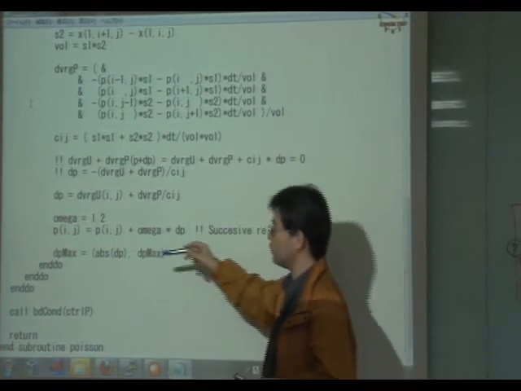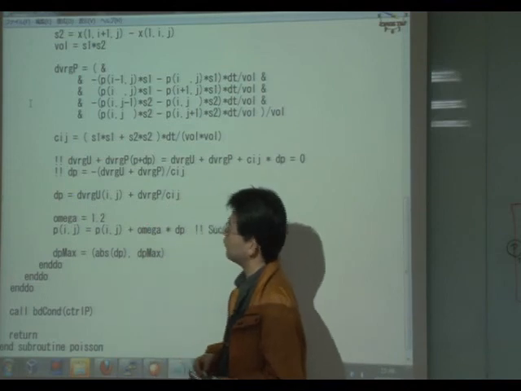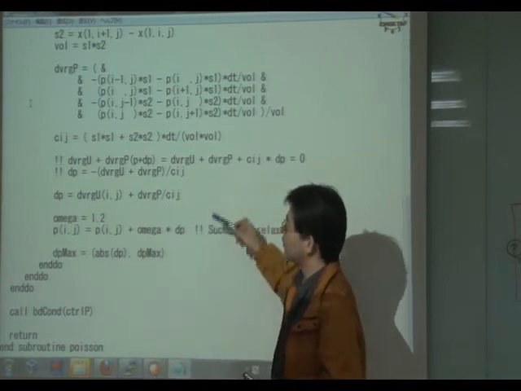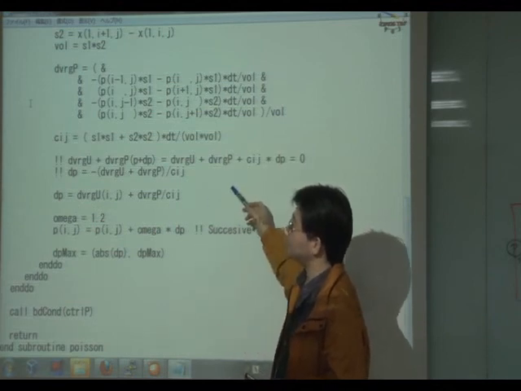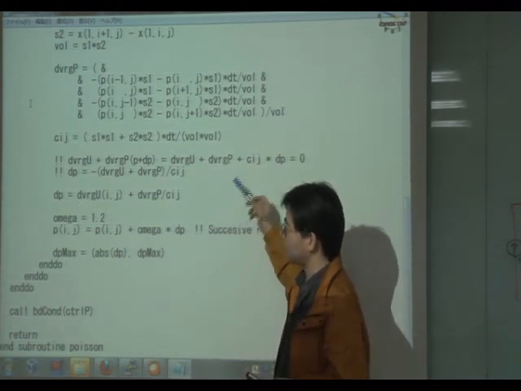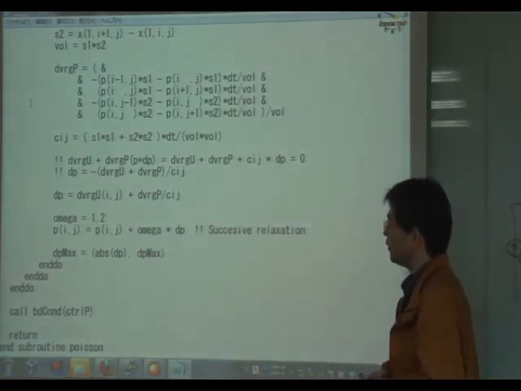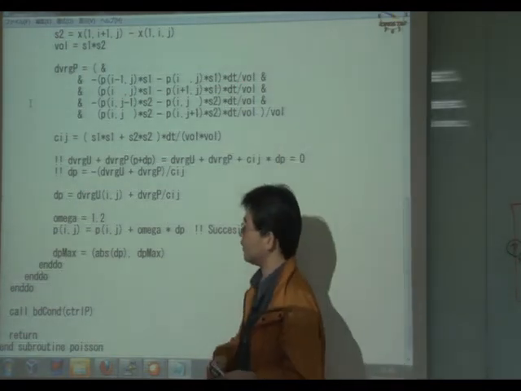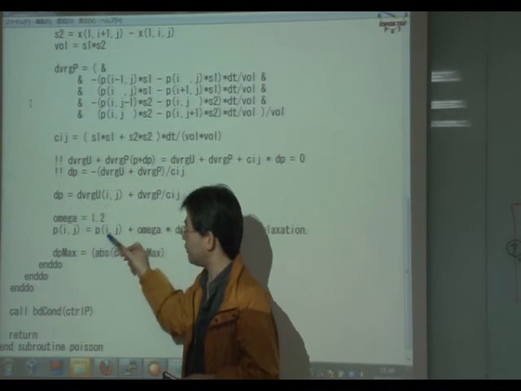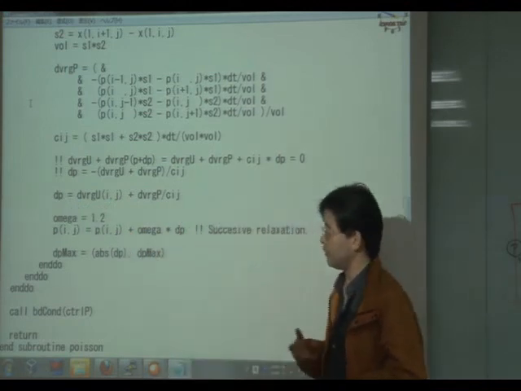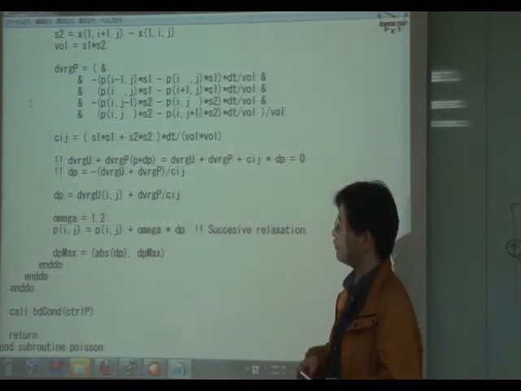If the resultant dp is positive, we can expect dp of surrounding pressure values are also positive. So only dp, the direct result of dp is not sufficient to satisfy the next divergence-free condition.